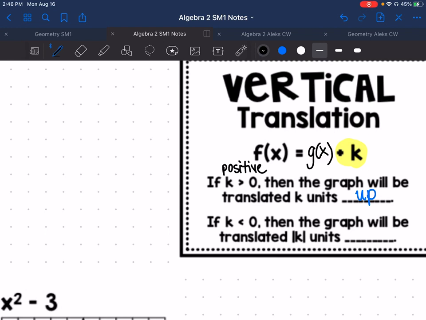If k is less than 0, these are going to be my negative numbers. And of course, remember when I add a negative, it actually looks like subtraction. Then I'm going to be translated the absolute value of k units down. Okay, so it'll look like -5, so I'll move 5 down. That's basically what it's telling me, okay?